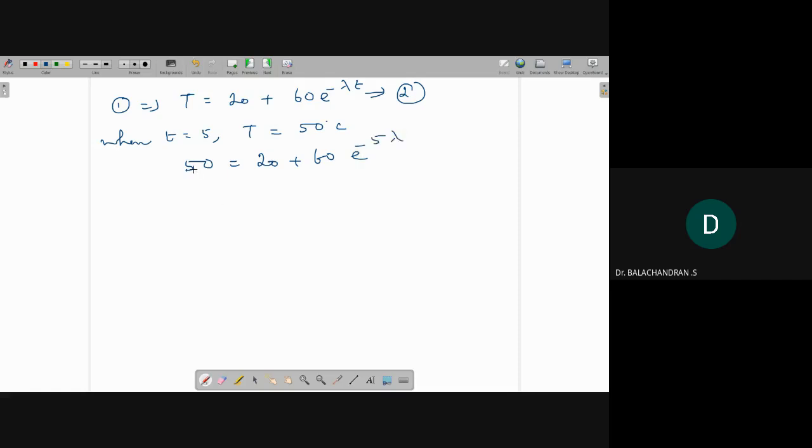Now this is 30 divided by 60 equal to e^(−5λ).